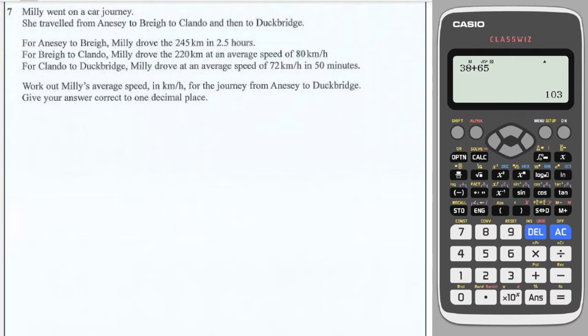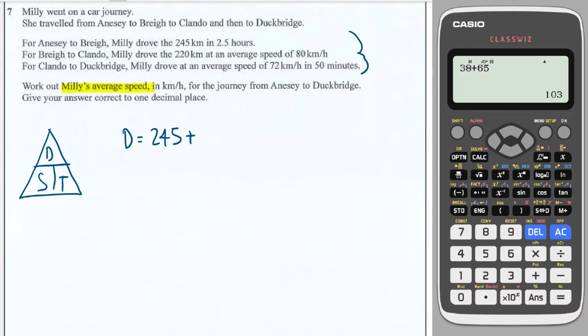Question 7, and we have Millie going on a journey, and there are 3 parts to the journey, and we want to work out the total average speed. Well, we know that speed is distance over time, and we will need to work out therefore the total distance of all 3 and the total time of all 3. So let's first off work out the total distance. Well, the first leg we get told what that is, the distance.